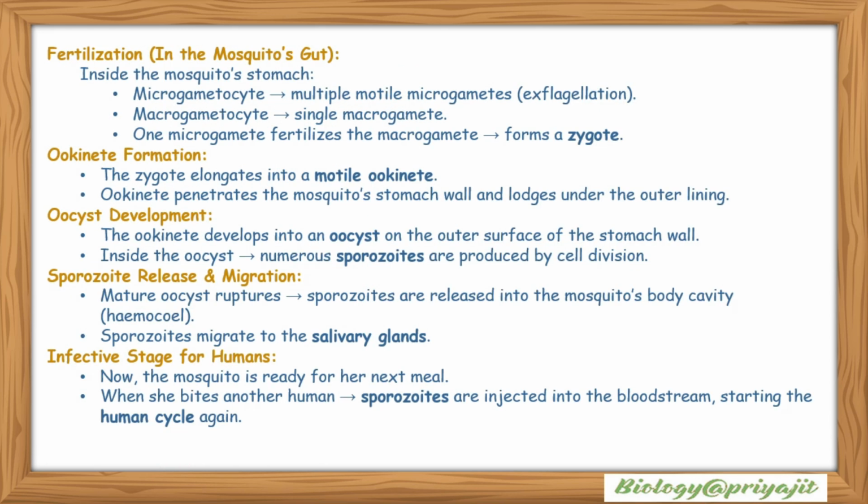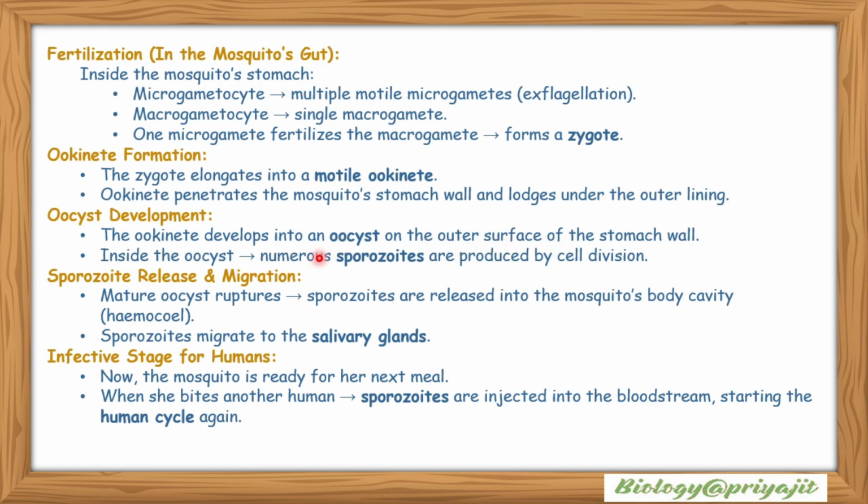Fertilization in the mosquito's gut: inside the stomach, microgametocytes produce motile microgametes by exflagellation, and the macrogametocyte produces a single macrogamete. One microgamete fertilizes the macrogamete, forming a zygote. Ookinete formation: the zygote elongates into a motile ookinete, which penetrates the mosquito's stomach wall and lodges under the outer lining.